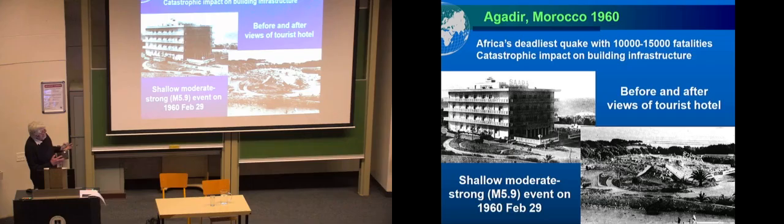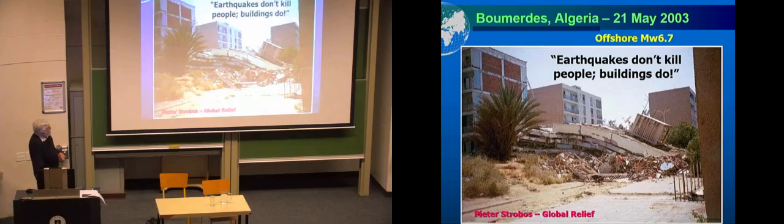Before there were seismographs at the time. Again, we don't know too much about this event because global seismology certainly was quite primitive at that time. Again, in the same area, and this is coming back to the north coast of Algeria, I put this up as a final slide, and there's the quote from a very eminent seismologist: earthquakes don't kill people, buildings do.